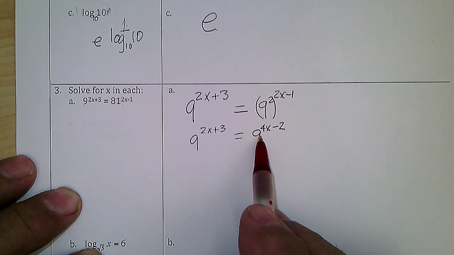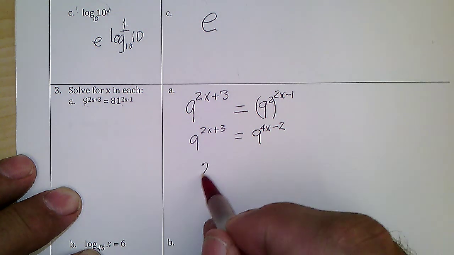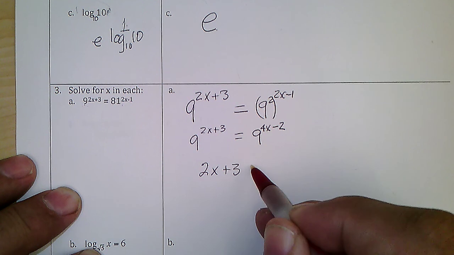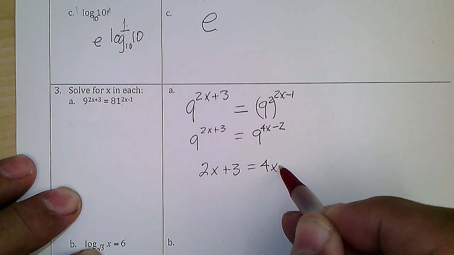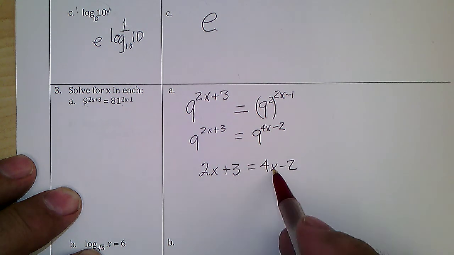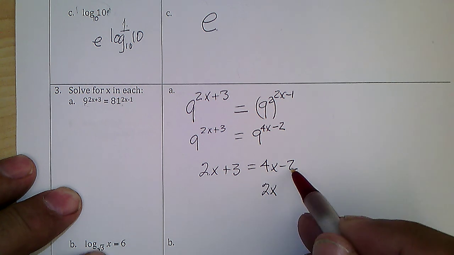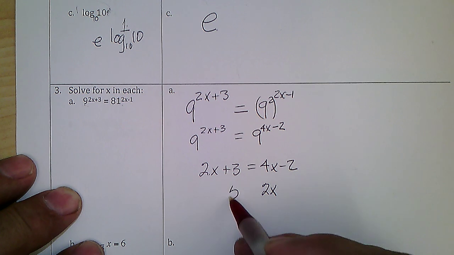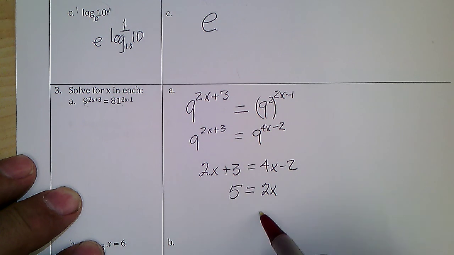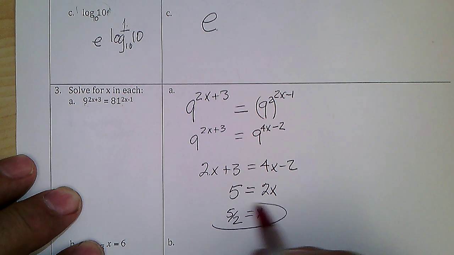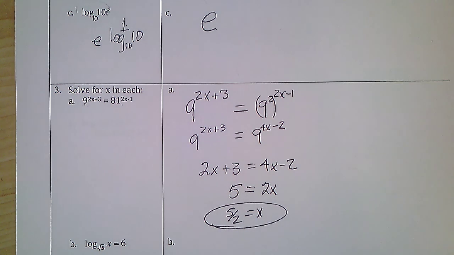Since they have the same bases, the powers must be the same, so 2x plus 3 must equal 4x minus 2. Subtract 2x from both sides. This will leave 2x here. Add 2 to both sides. Divide by 2. And that's our answer.